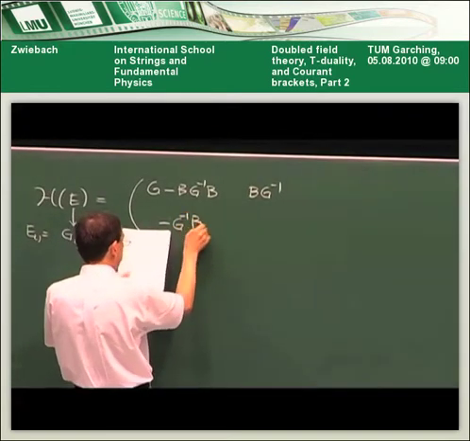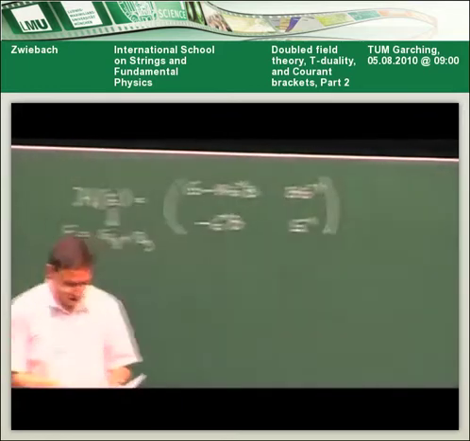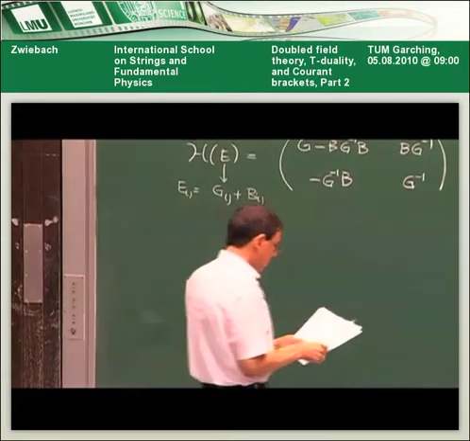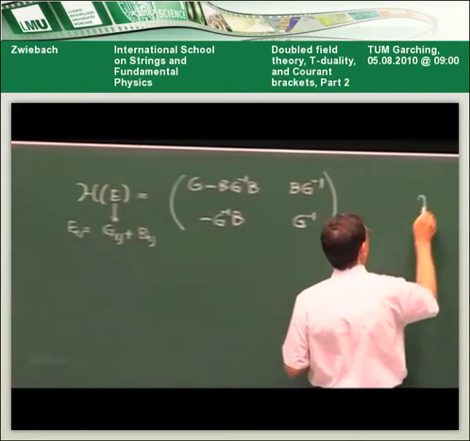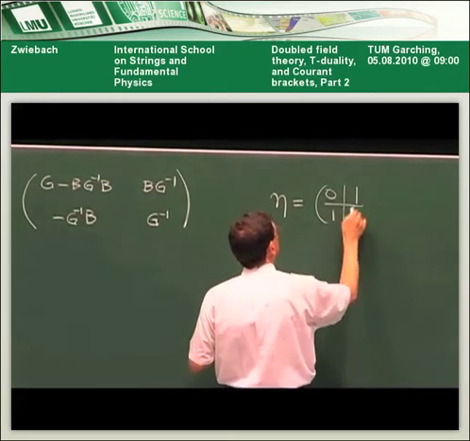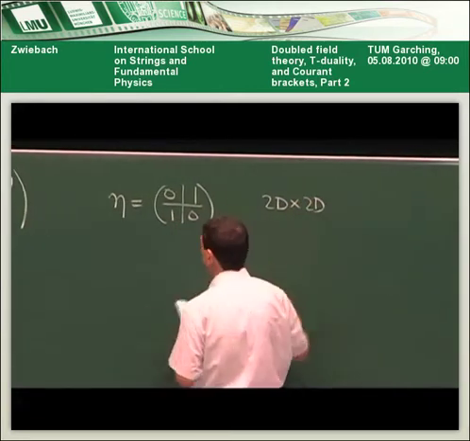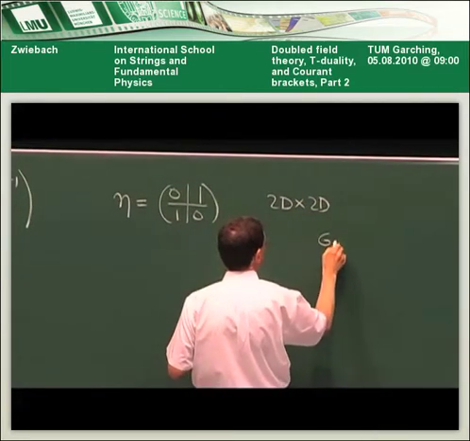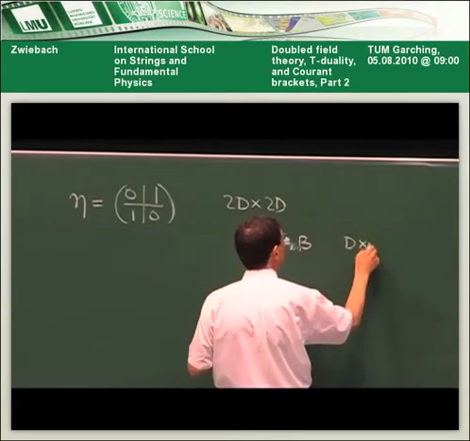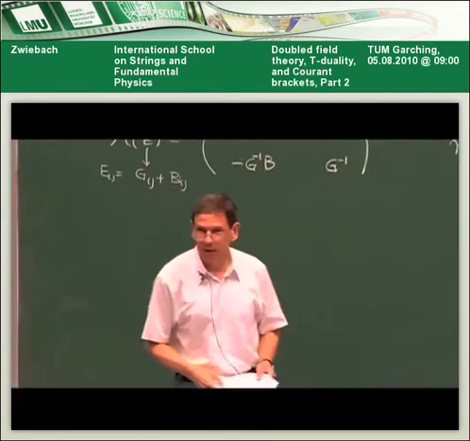That's why it was called a metric. And it had this form, 2D times 2D. There was also a metric eta. And all those matrices are 2D times 2D, where G_ij, G, and B are just D times D. So those were some of our ingredients.